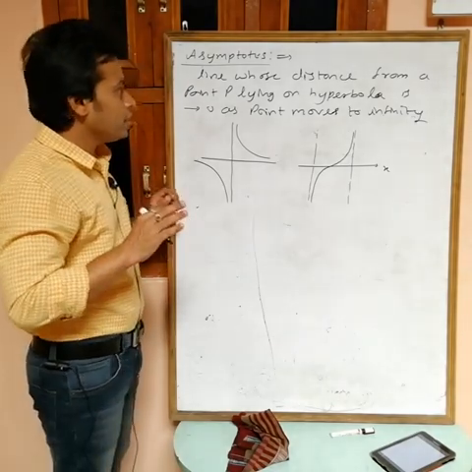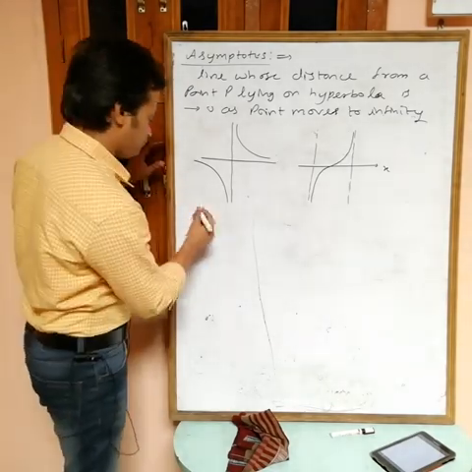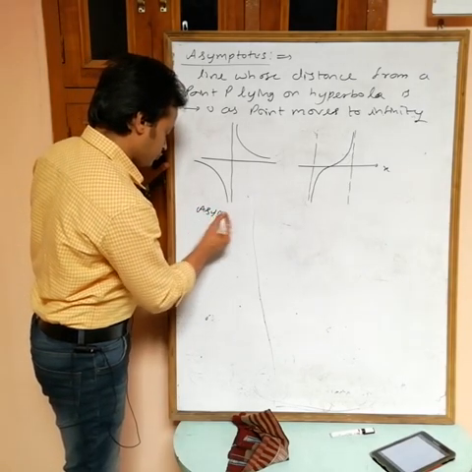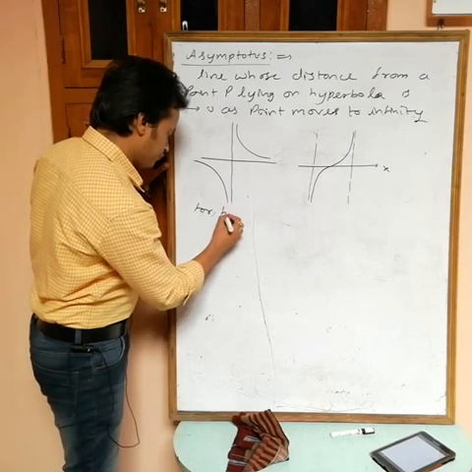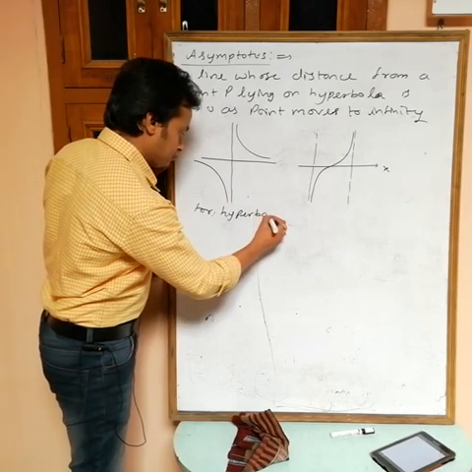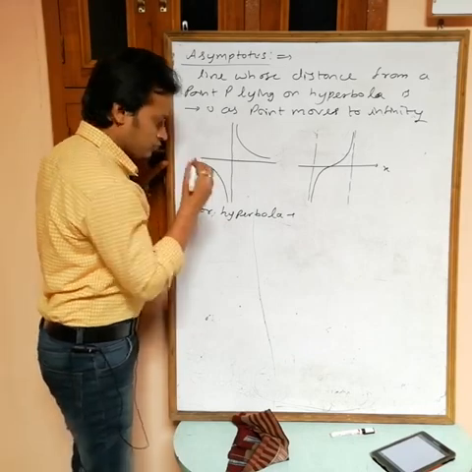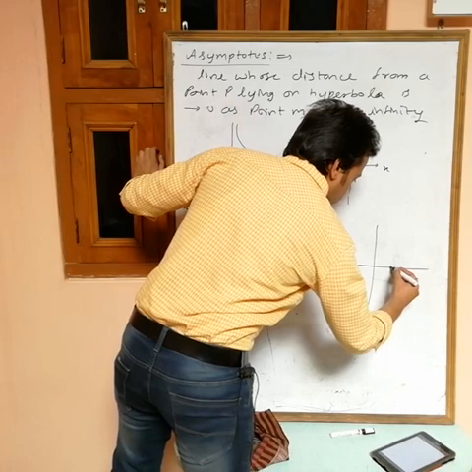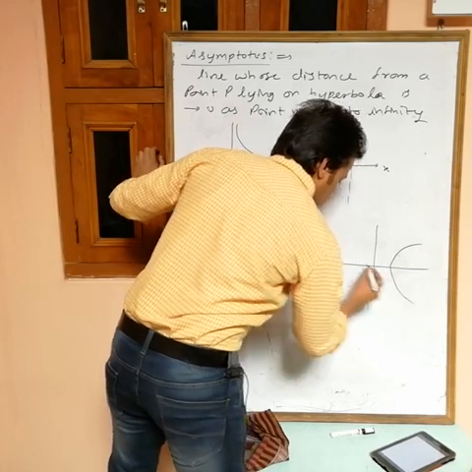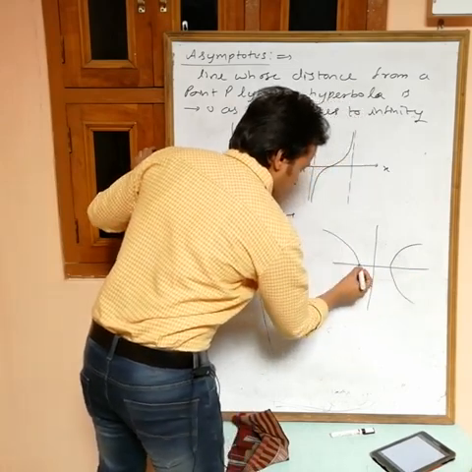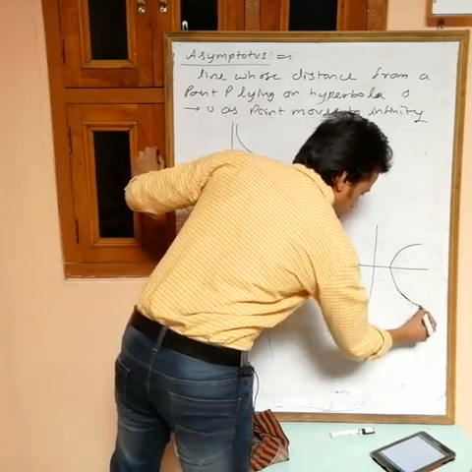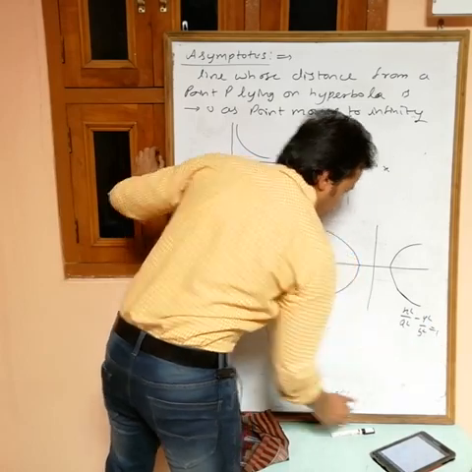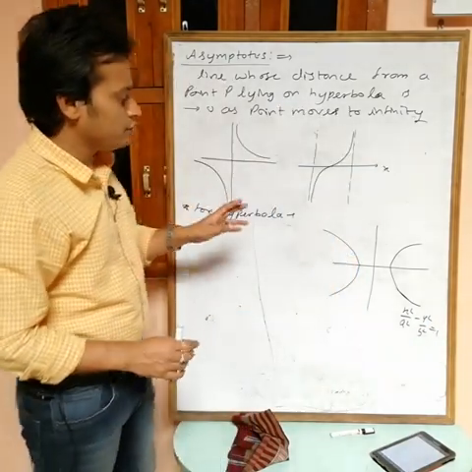Now what do you want? We want asymptotes for the hyperbola. Suppose this is the hyperbola x square by a square minus y square by b square equals 1, and you want asymptotes for this hyperbola.